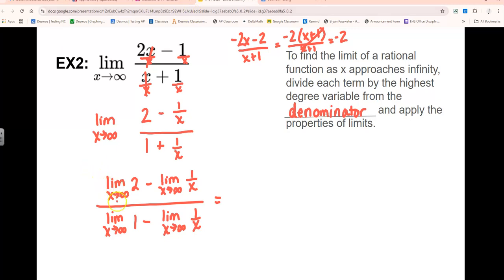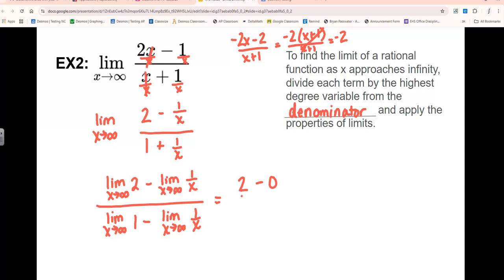So as I do the limit as x approaches infinity of 2, what is that? It is 2. It's just a constant, so you just get that number. What is the limit as x approaches infinity of 1 over x? 0, because I've got a number divided by a variable. As that number in the bottom gets bigger and bigger, I've got 1/10, 100th, 1,000th.